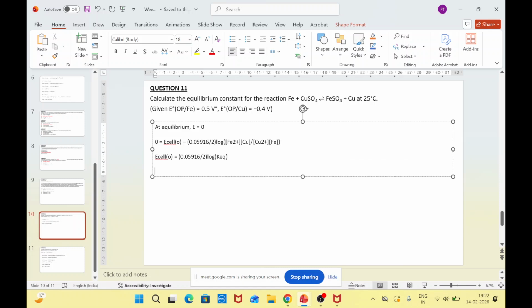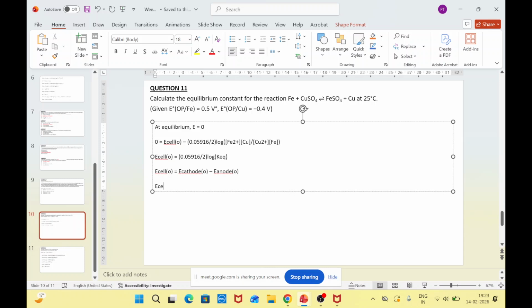So now we need to calculate only what is E naught of the cell. So E naught of the cell equals E naught of cathode minus E naught of anode. Which one is the cathode here? It is your copper, and anode is your iron.